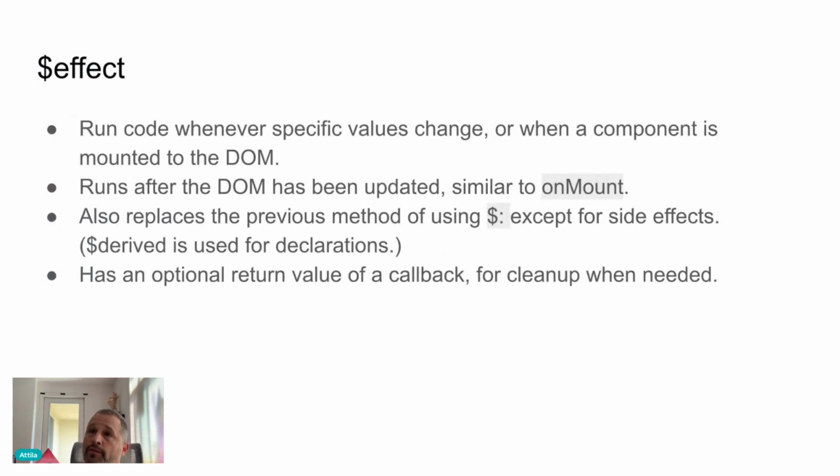If you're familiar with Svelte development, you're probably familiar with onMount. It works similar to onMount in that they both execute whenever a component is mounted to the DOM. And you can still use onMount and $effect together. They're not mutually exclusive.